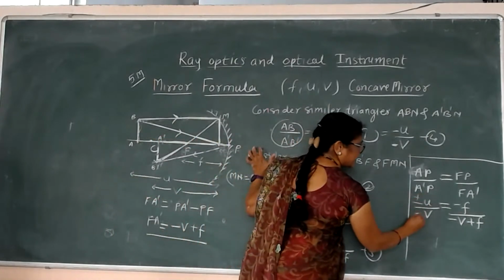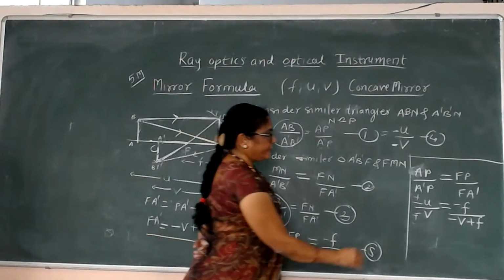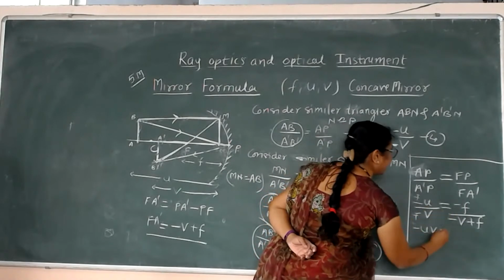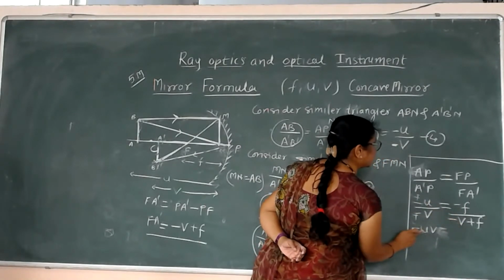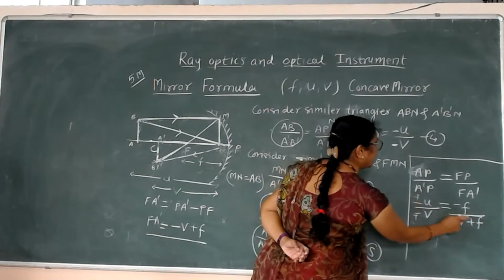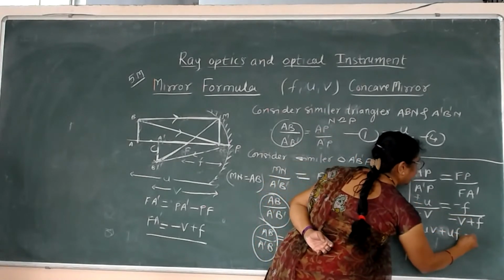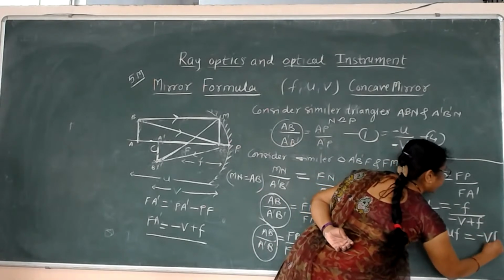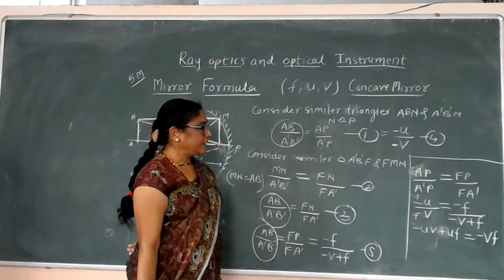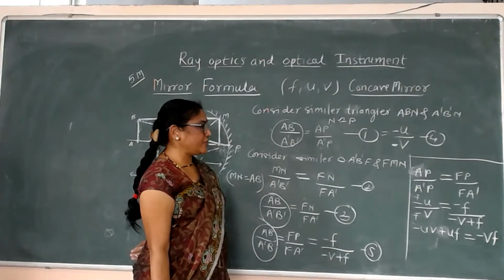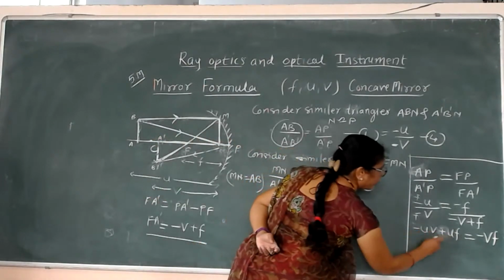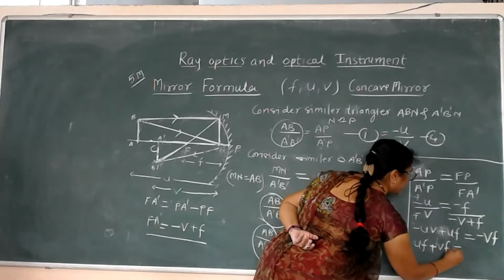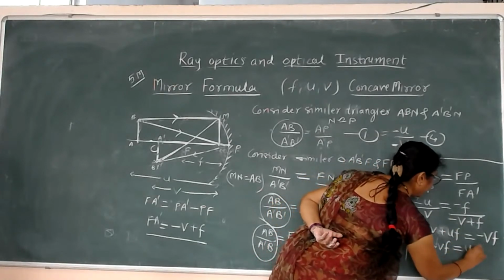When we cross multiply, U into minus V is equal to minus UV, and another one is UF. Then minus F into plus V is equal to minus VF. So arrange this equation: UF, taking this side VF, and minus UV this side is equal to UV.